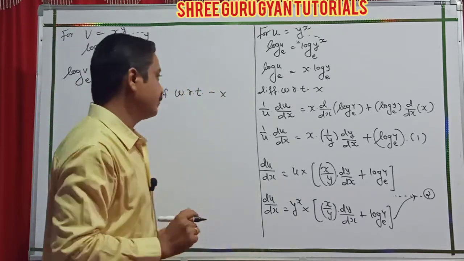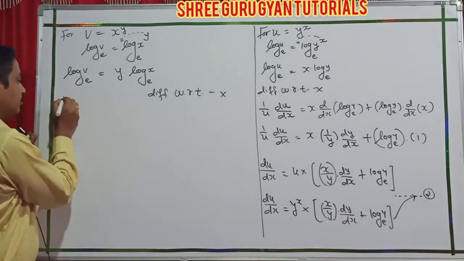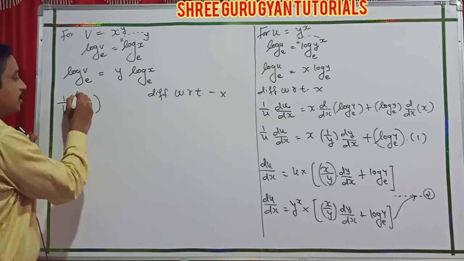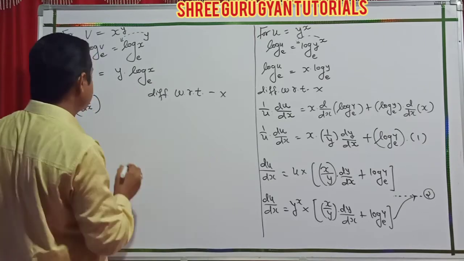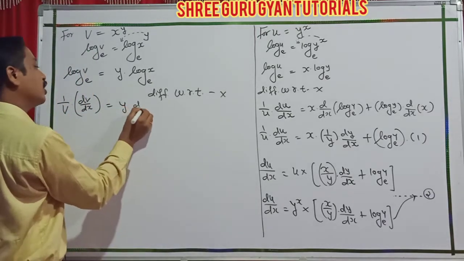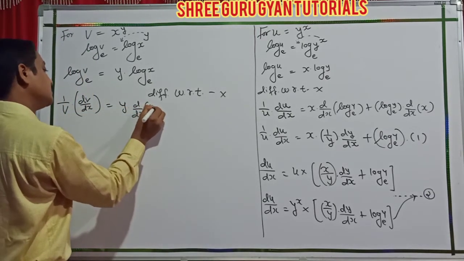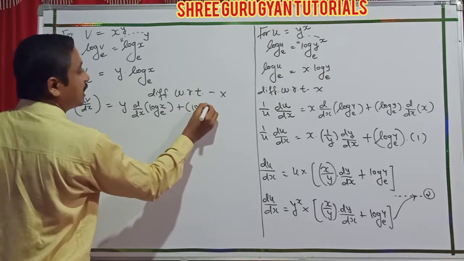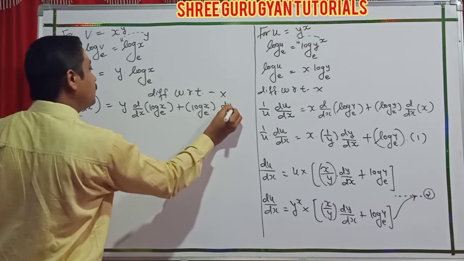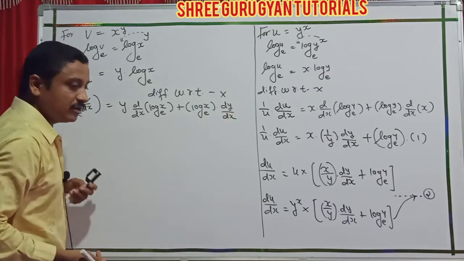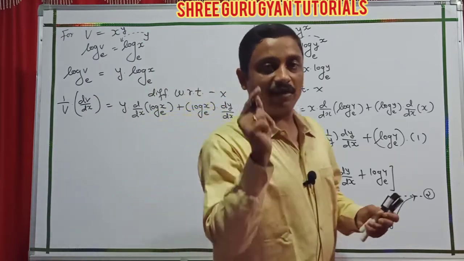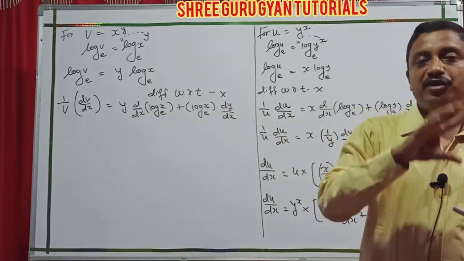It means here the log v derivative is 1 by v, and with respect to x it is dv by dx, and here, students, apply the product rule: first into second derivative plus second into first derivative. This derivative is also applied with respect to x because at the end I want the full value of dy by dx.